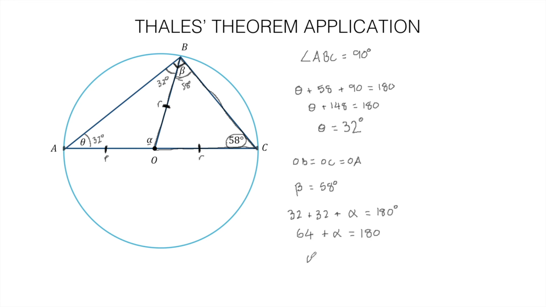Now let's see if I can work this one out a bit quicker. 180, if we subtract 64 from both sides, gets us to 120, and then subtract another 4, gets us to 116. So there we go, we've worked out alpha, worked out beta, and we've worked out theta.